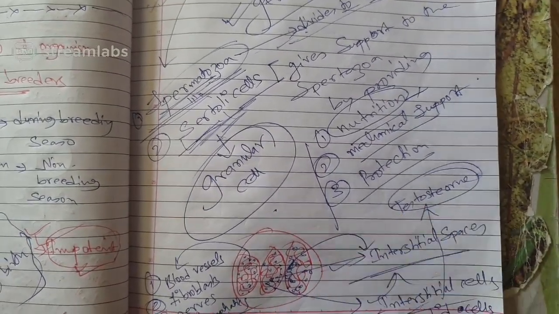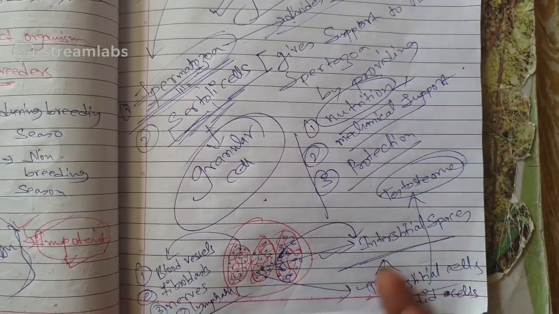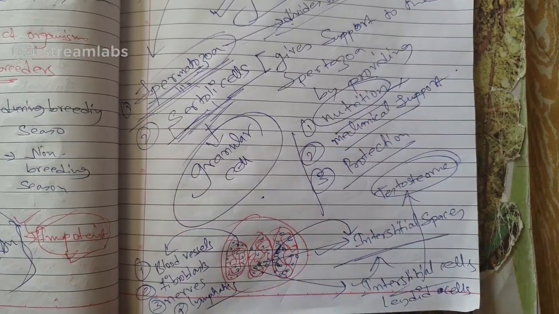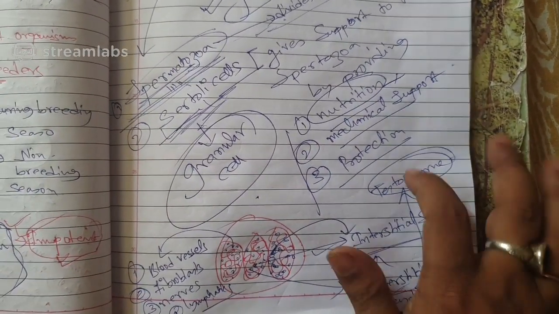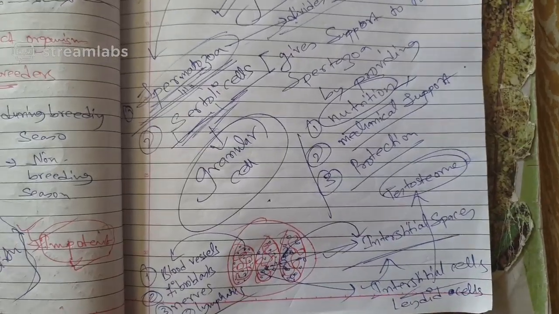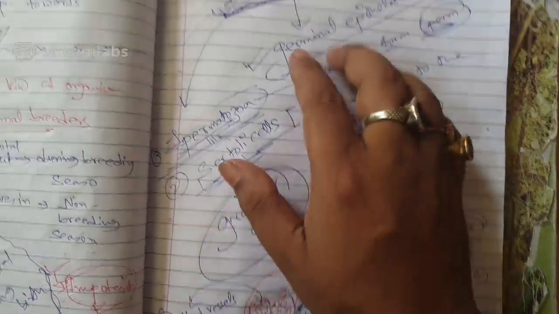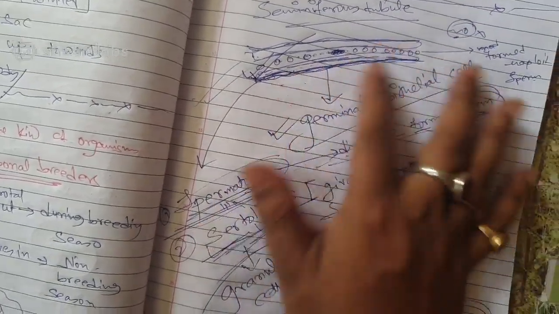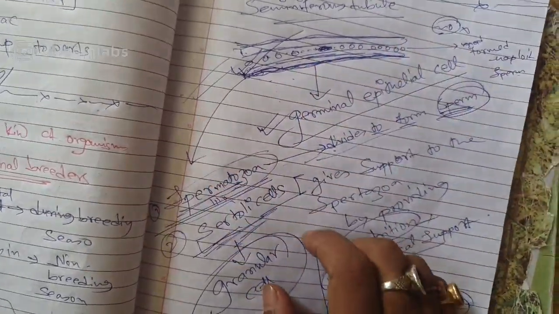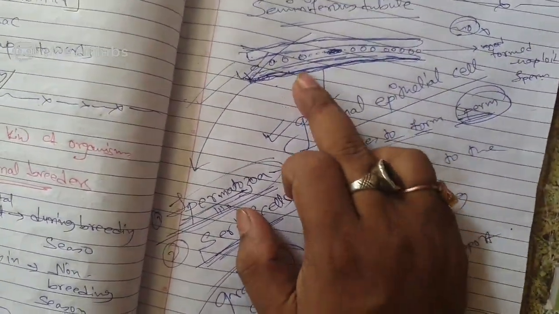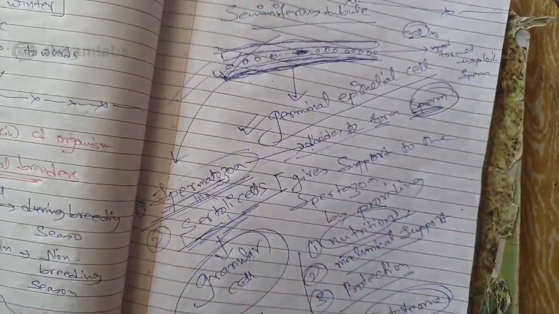Then the Leydig cells get activated to produce testosterone, and the testosterone activates the cells inside the basement membrane to produce sperm inside the seminiferous tubule.